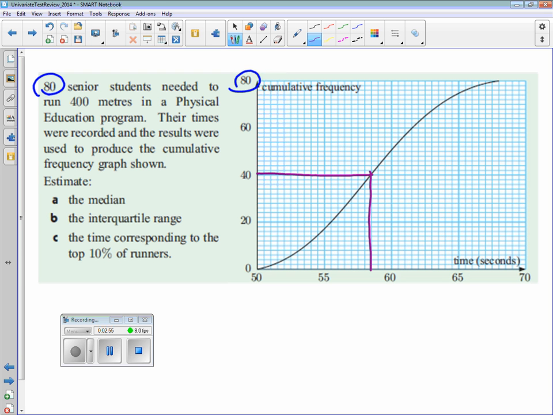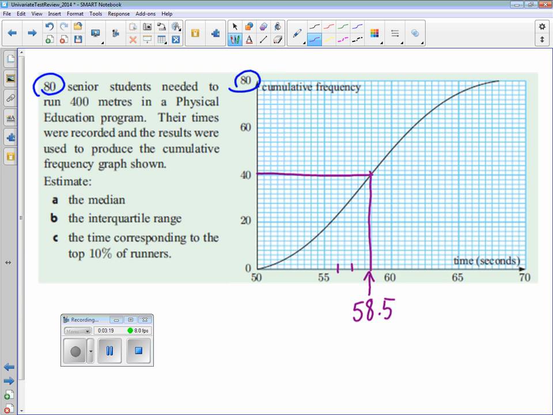So 55, 56, 57, 58, 59, oh, nope. I think it goes up by twos. What do you think? Let's try. So 56, 57, 58, 59. Yeah, it goes up by twos, right? So we have 55, 56, 57, 58.5. Yeah, no, it's exact.